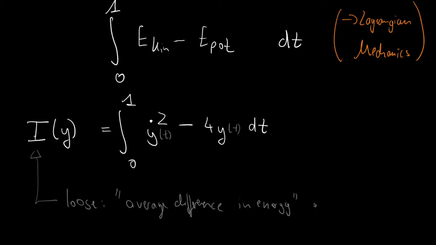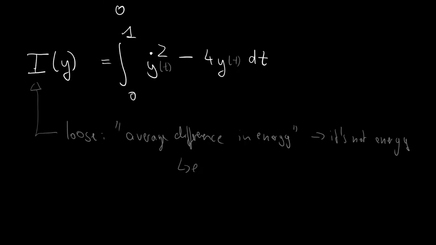But that's technically wrong because it's not an energy, so we can also not think of it as a difference, but it is necessary to ensure feasibility. And we will see in a second why this is the case. So it ensures feasibility. And let's be a little bit more verbose.